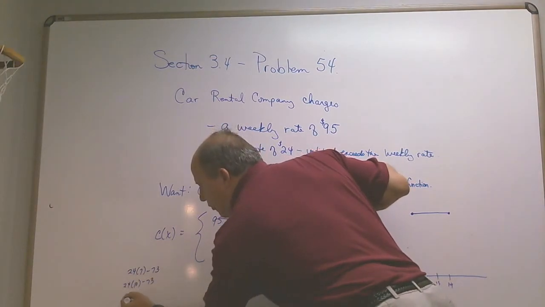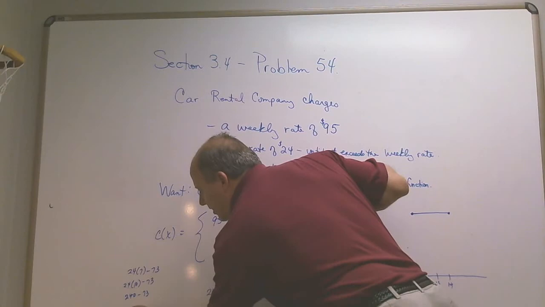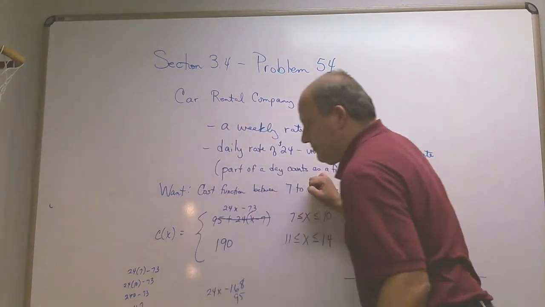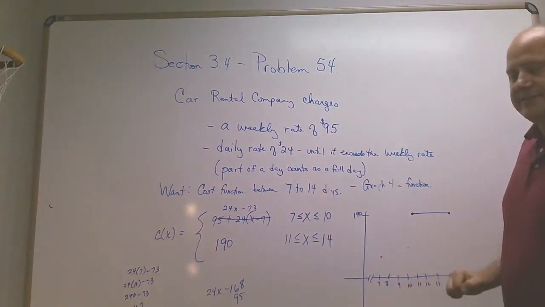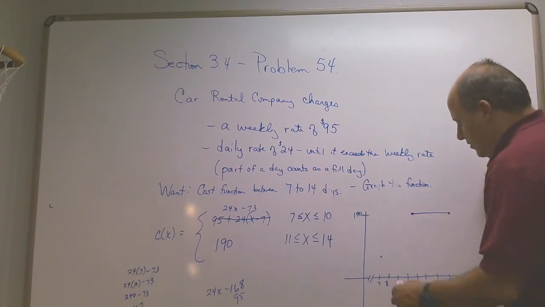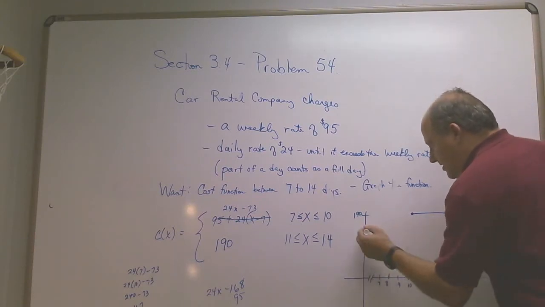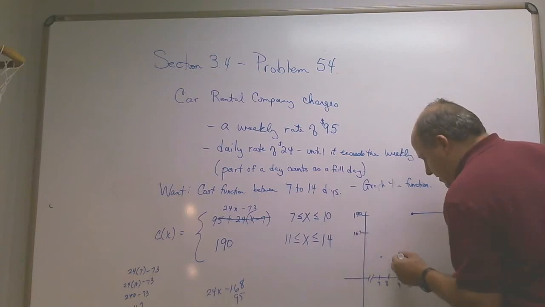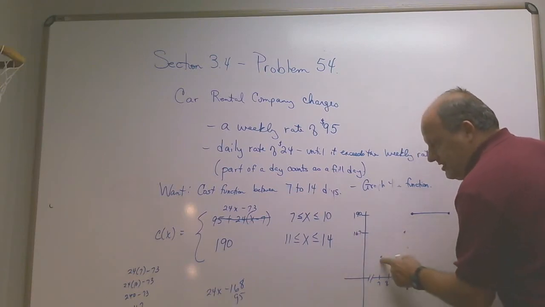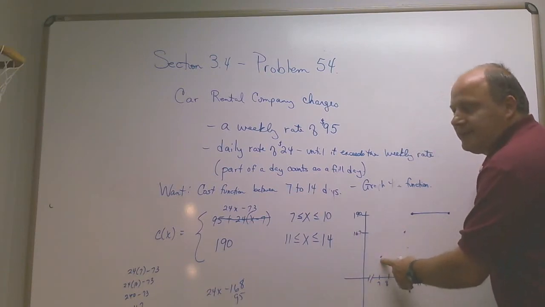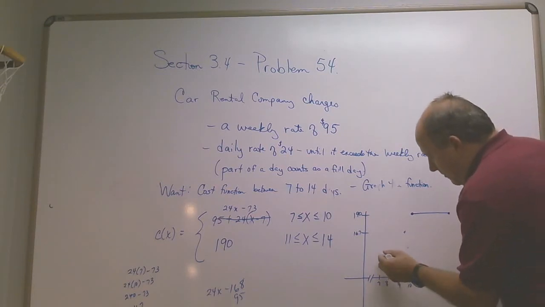That's a little easier. 240 minus 73, which is 167. So on the 10th day, it'll be $167. So right there, about 167 is good enough. And I don't know what the other one is. You'll have to figure out what 24 times 7 is minus 73, and then plot those.